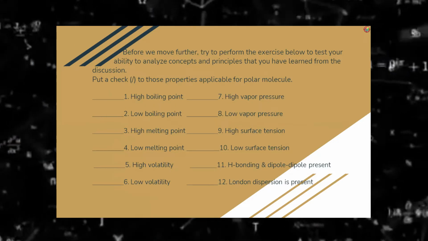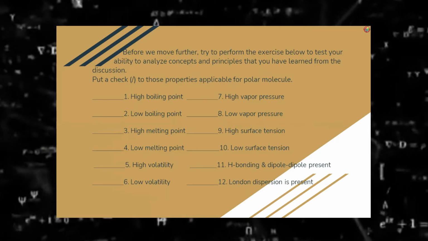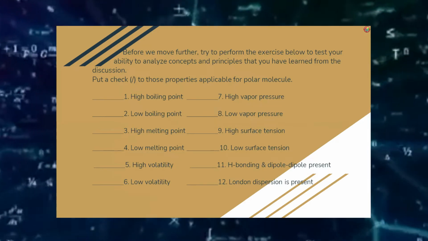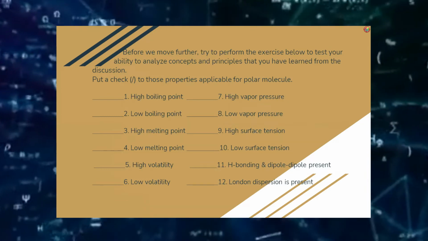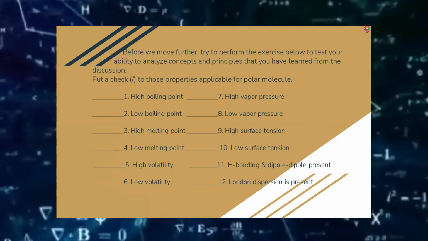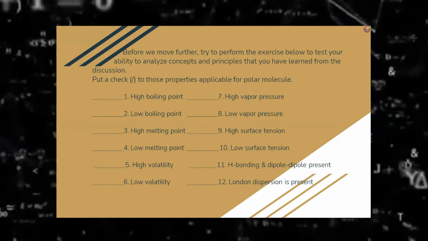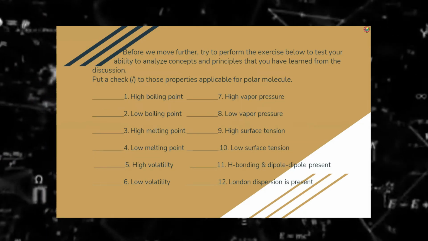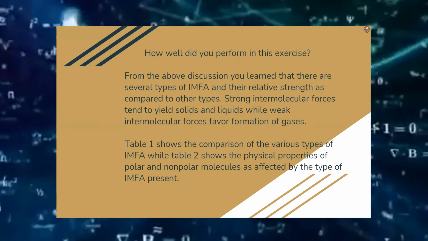So we have number 1, high boiling point; 2, low boiling point; 3, high melting point; 4, low melting point; 5, high volatility; 6, low volatility; 7, high vapor pressure; 8, low vapor pressure; 9, high surface tension; 10, low surface tension; 11, H bonding and dipole-dipole present; 12, London dispersion is present. How well did you perform in this exercise?